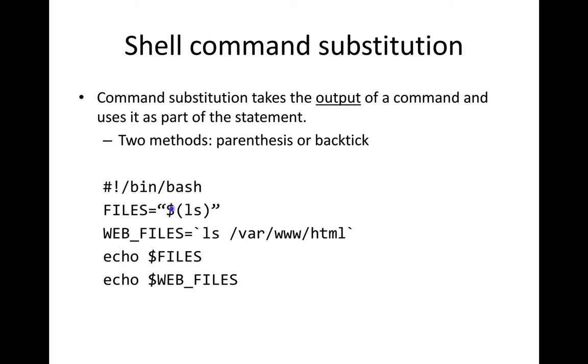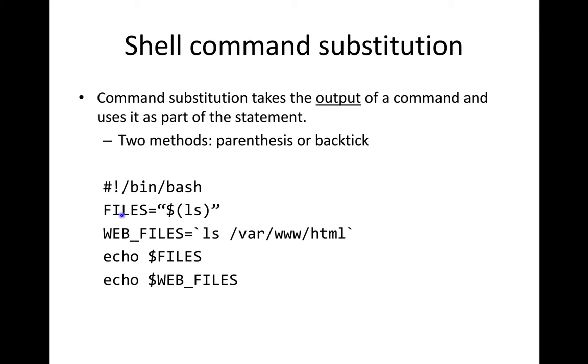That's what the $ parentheses means. $ parentheses means that the interpreter should execute any command that is encapsulated by the parentheses. The interpreter is going to run the ls command, which will list the contents of the current working directory, and then it will take that output and store it in a variable called files. The variable files will now contain a list of files.